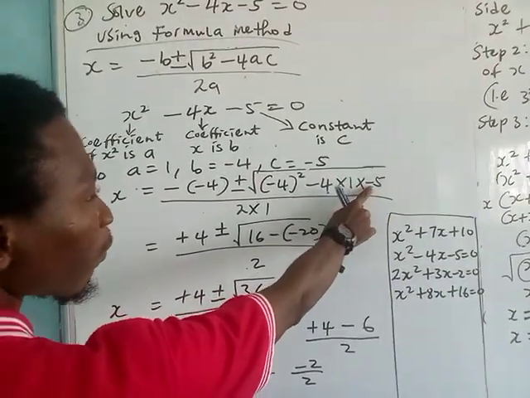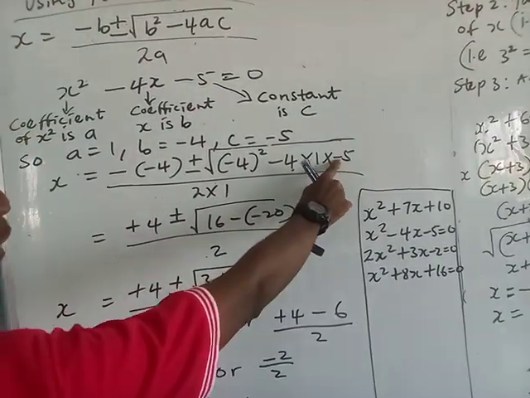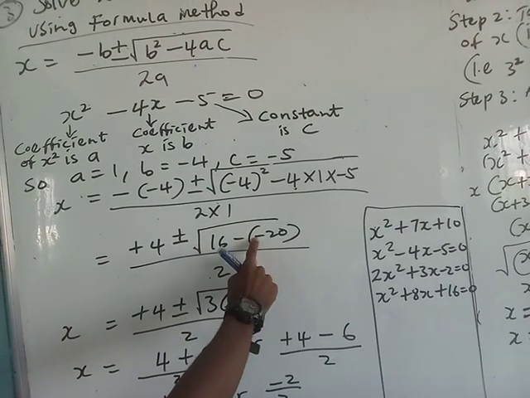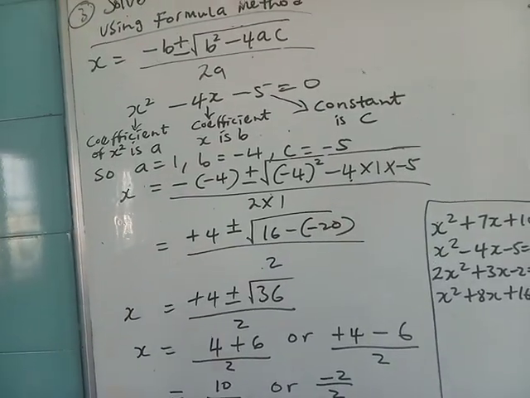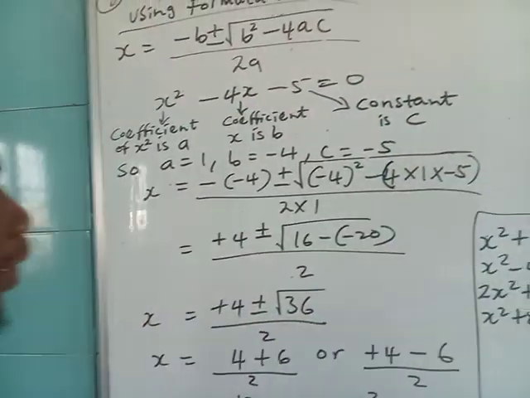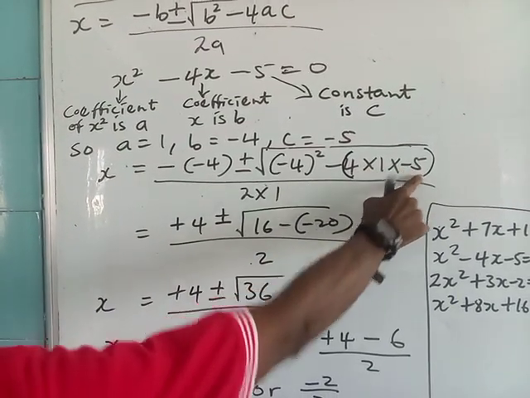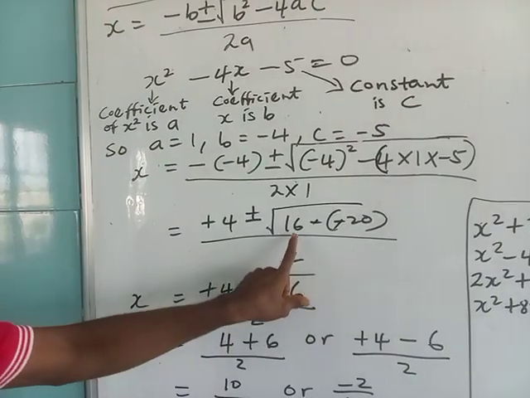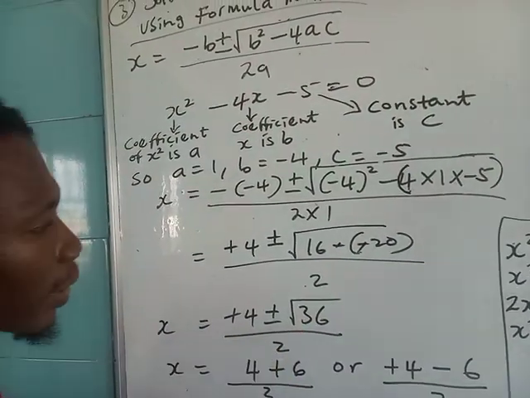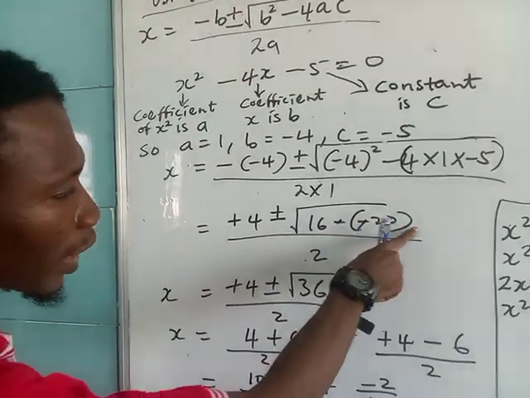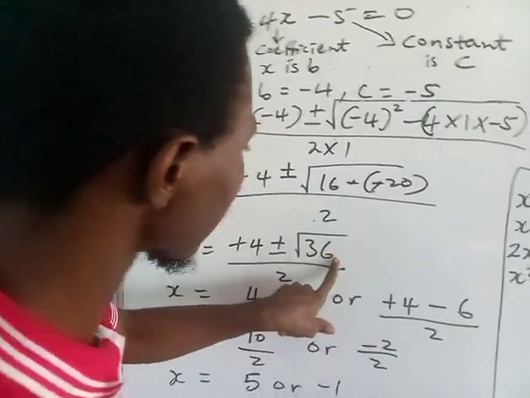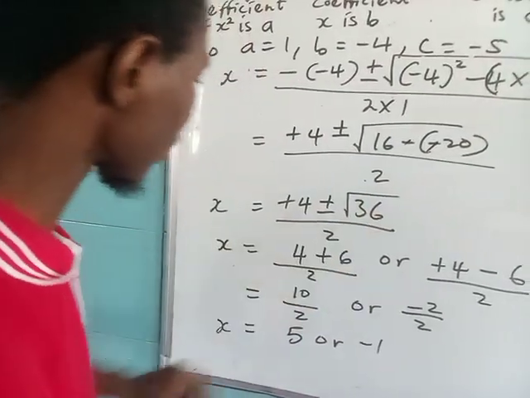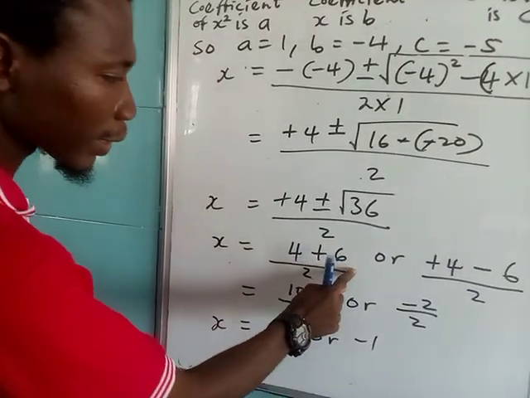Then 4 times minus 5 gives minus 20. Then minus cancels minus, it will now give plus. So 16 plus 20 will give you 36. So 4 plus or minus the square root of 36. The square root of 36 is 6.